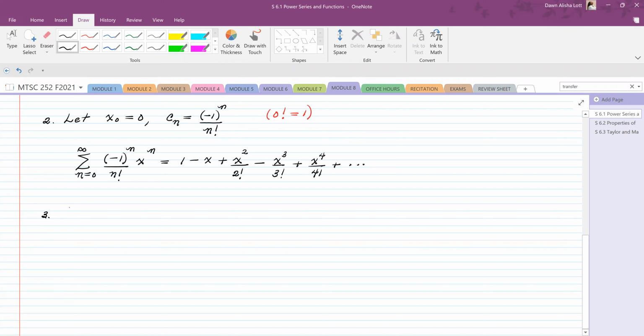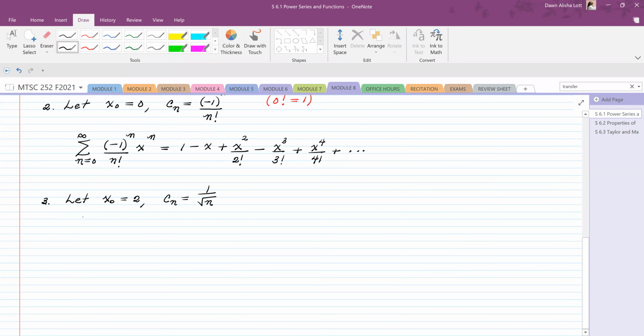I'm going to let x naught equal 2, and I'm going to let Cn be 1 over the square root of n plus 1.